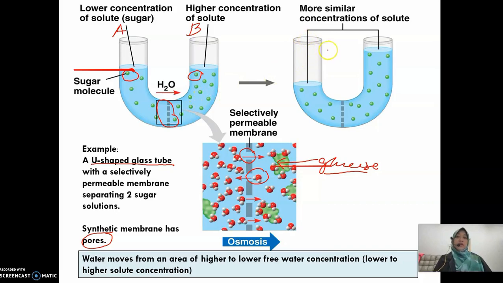So in this case, water moves from side A to side B. You can see that after a certain time, the water level at side B is higher compared to the water level at side A.